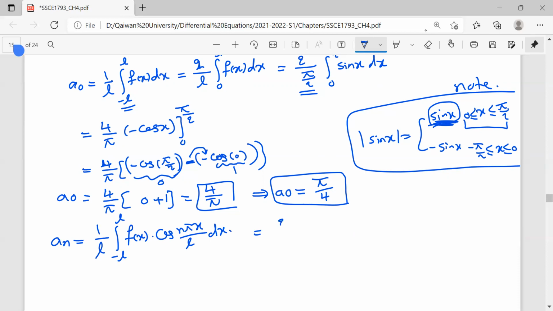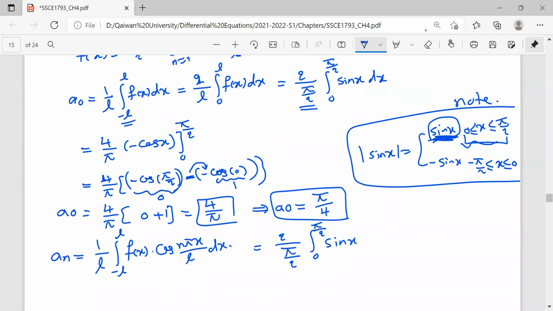You get 2 over pi over 2. It's the same as the previous one. That's why I'm not going to write down step by step. It's integration from 0 to pi over 2. f of x is sine. We just take the sine function. We don't take the absolute value because we took from 0 to pi over 2. And from 0 to pi over 2, we have only sine times cosine n pi x over L.